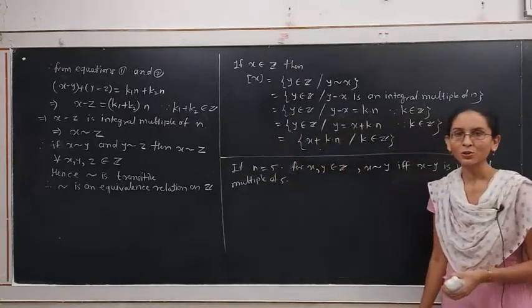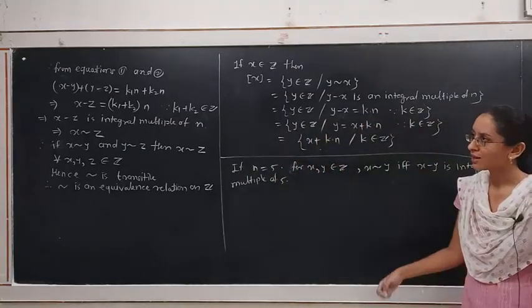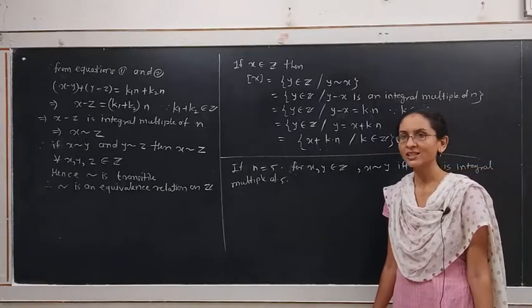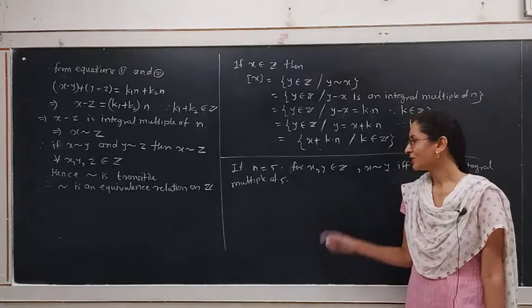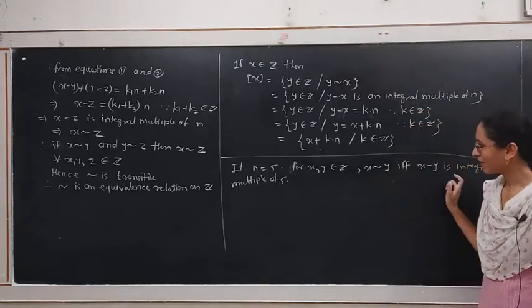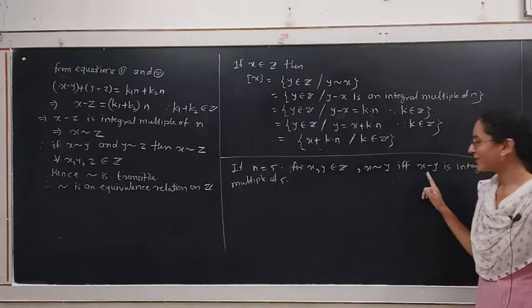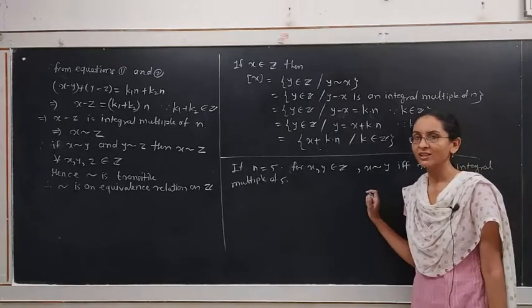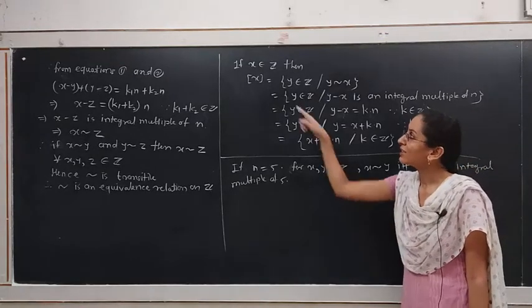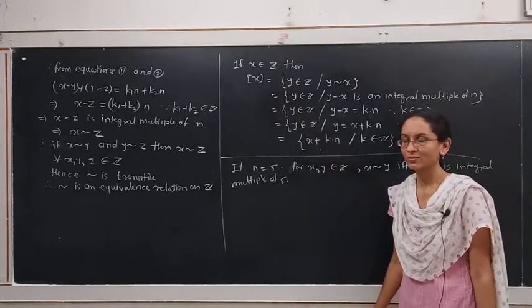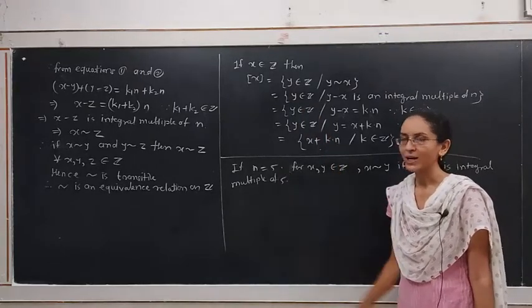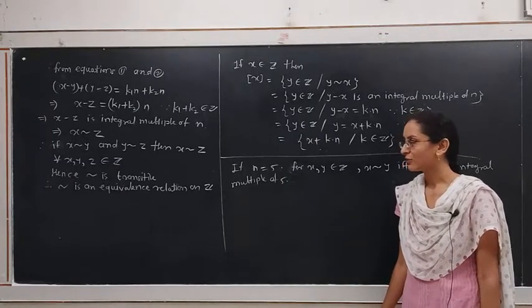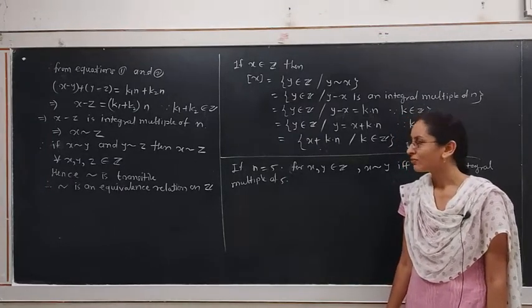Then this relation is also an equivalence relation, because just now we have proved that if n is an integer, then the relation defined in this way, x is related to y if and only if x minus y is an integral multiple of n, is an equivalence relation. In that case, we have also calculated the equivalence class of an integer.